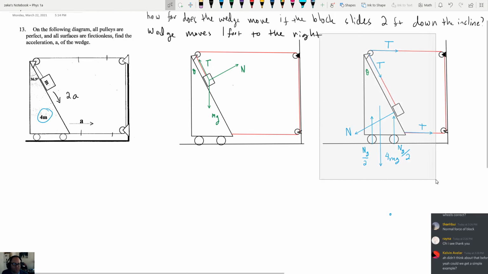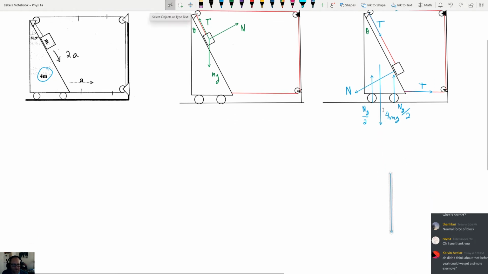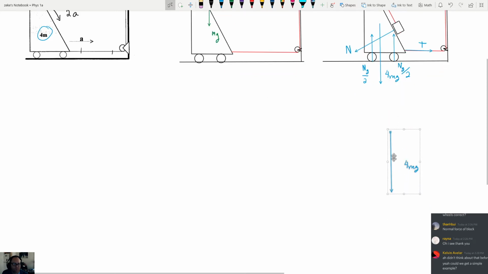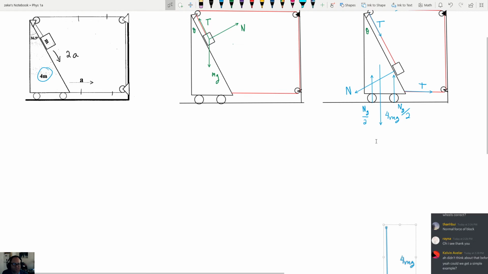So now what I'm going to do is take all these forces and put them onto a free body diagram right here. We'll need a lot of room for this. Okay, so we've got our normal force. We're going to need the line that represents the plane.